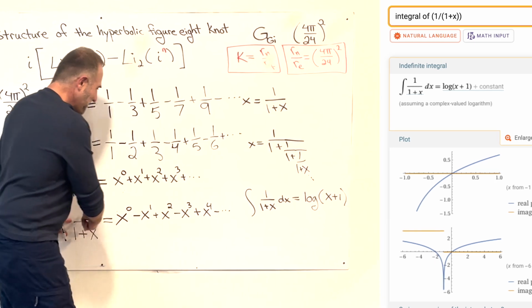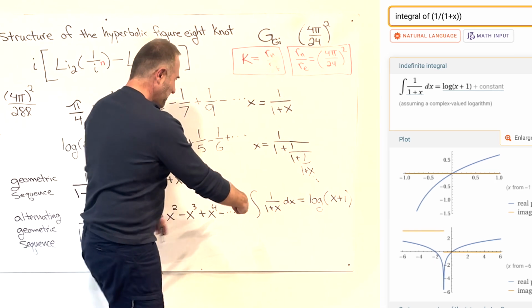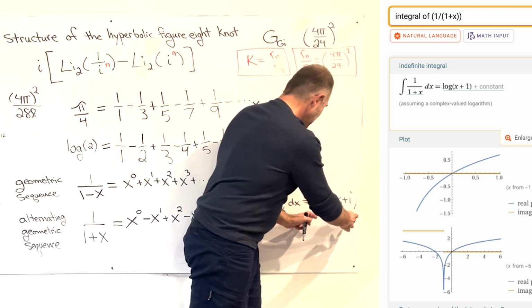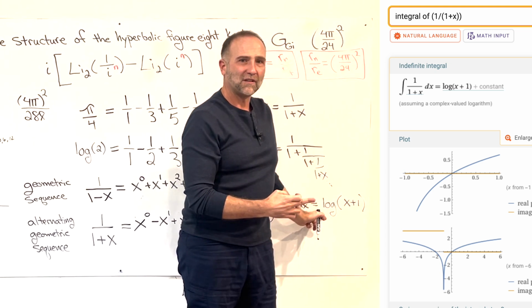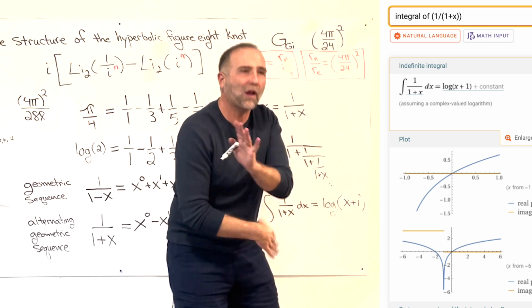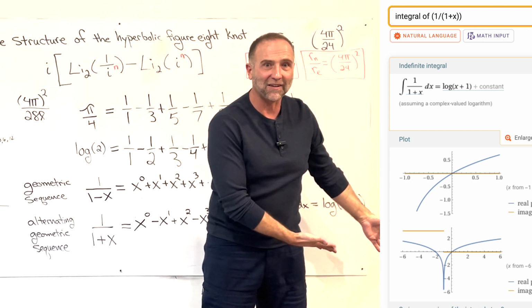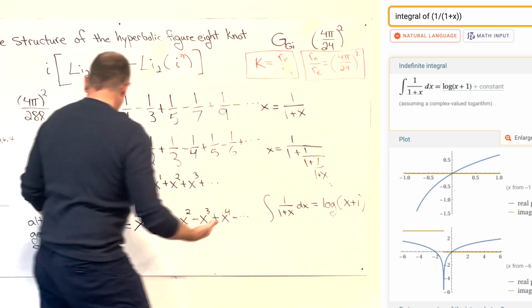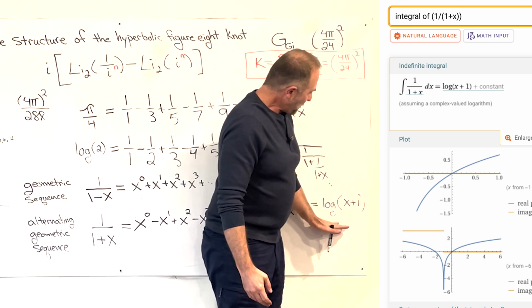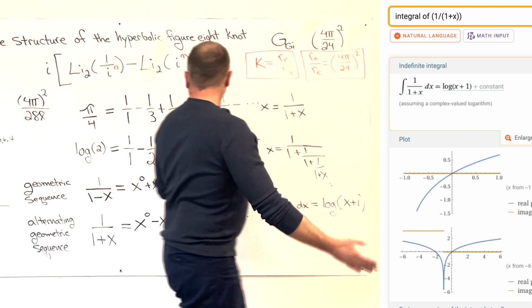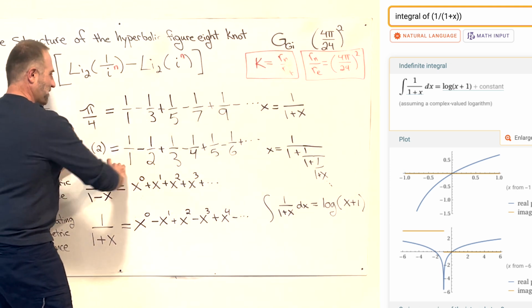We integrate this structure, we get the logarithmic structure, offset by an argument of 1, but still the whole logarithmic structure is built in there, right? If we integrate the alternating geometric sequence, we're immediately at the natural log, the natural log that has this kind of geometric structure in it.